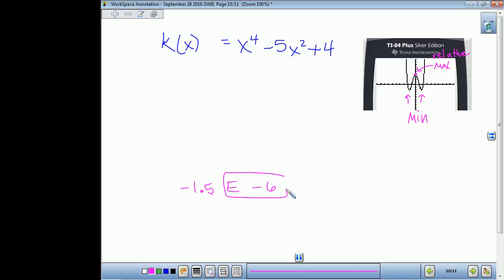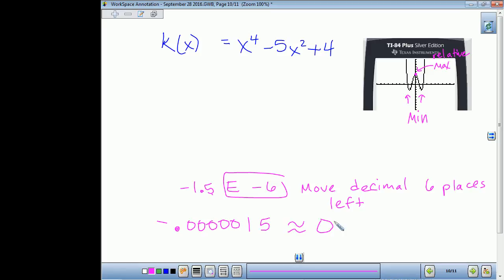And doesn't this tell us to move our decimal 6 places to the left? You didn't put the negative. No, I just didn't. Now, if I move it 6 places, 1, 2, 3, 4, 5, 6, and I round it to the nearest hundredths place, which is what I've asked you to do, isn't that 0?